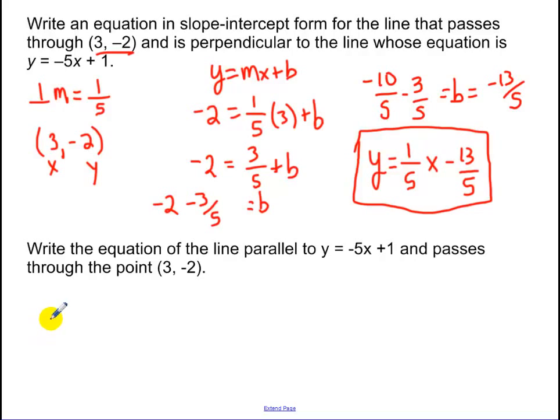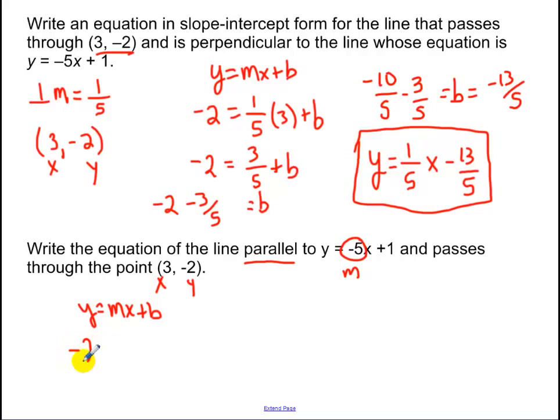Now write the equation of the line parallel to y equals -5x plus 1 that goes through that point. So now parallel, we have our same slope. So that's going to be our slope, and we have our x and our y coordinate. So again, I'm going to be plugging into y equals mx plus b.